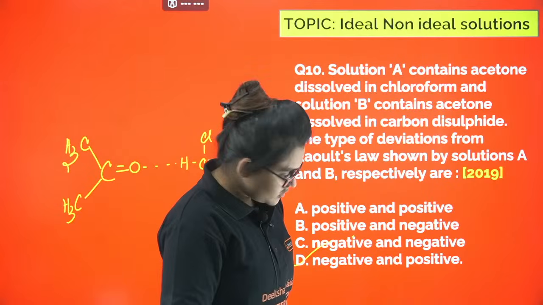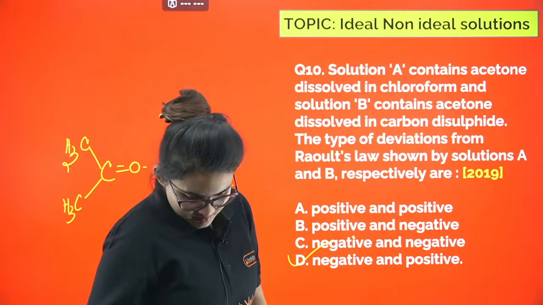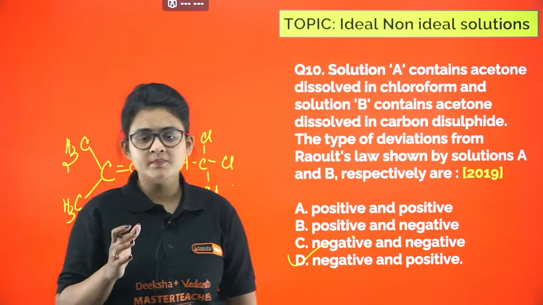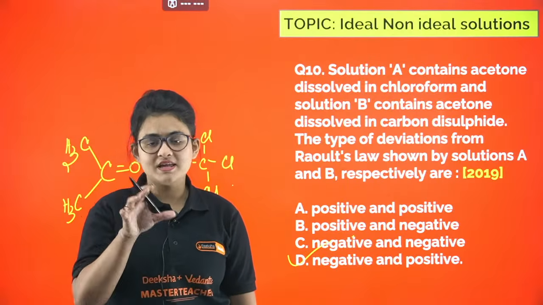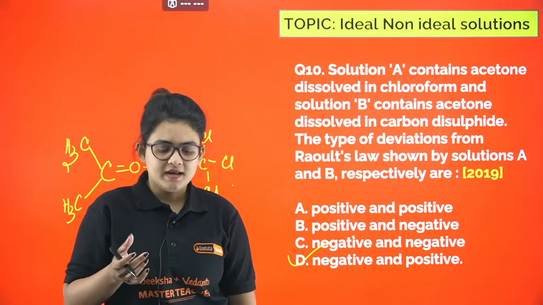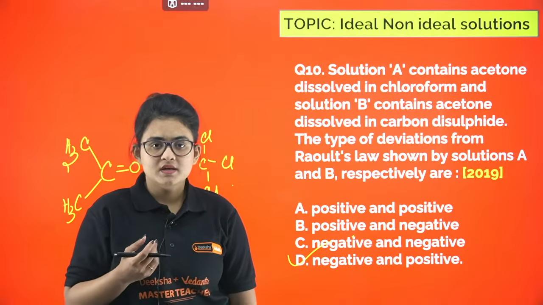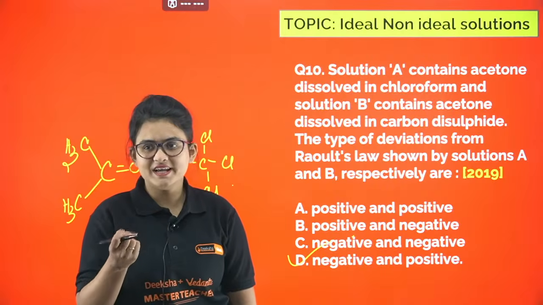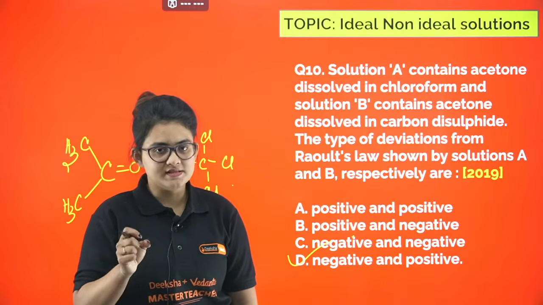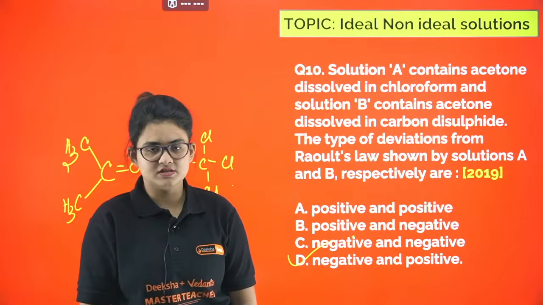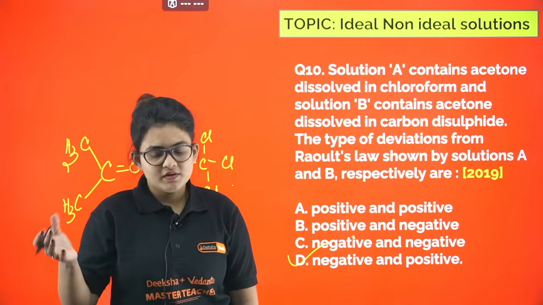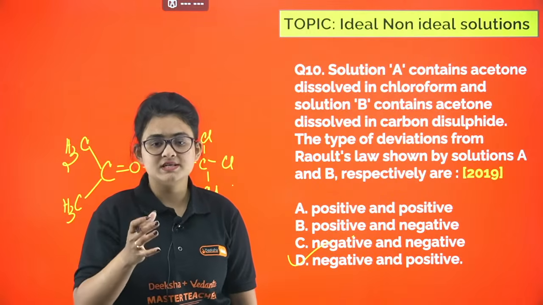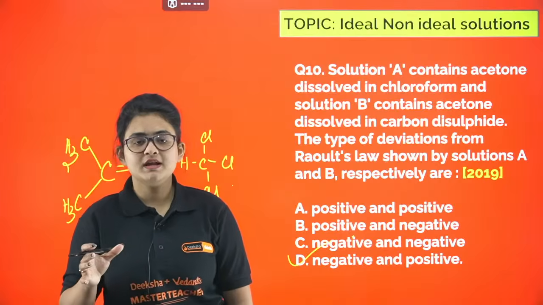Okay, how to find the deviation? Let me just tell you, my dear, whenever the compounds are given, check what type of interaction can be possible among them. Let's say I'm having chloroform. In chloroform, hardly any kind of interaction is prominent. In acetone, you will be having dipole interaction, right? Now when they are mixed, acetone and chloroform, then what will happen?